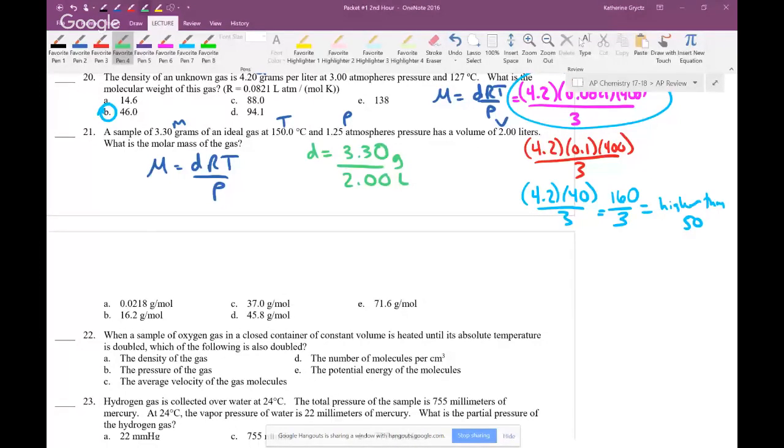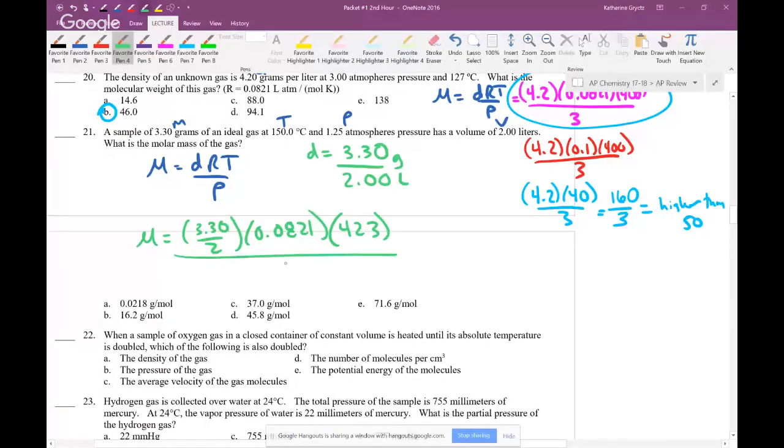So again, if you look at those answers, this is probably built for when they gave you a calculator. Times 0.082, it's 150 plus 273. Is that 423? 420? All right, so this is probably a calculator question.